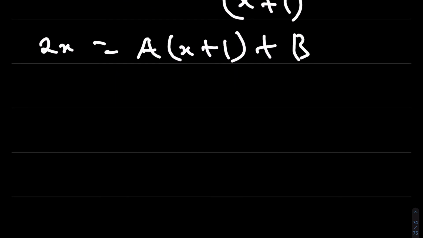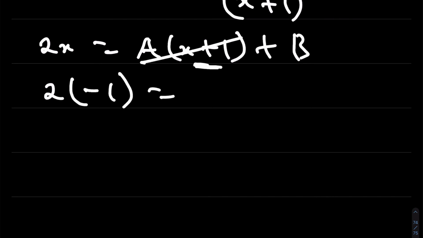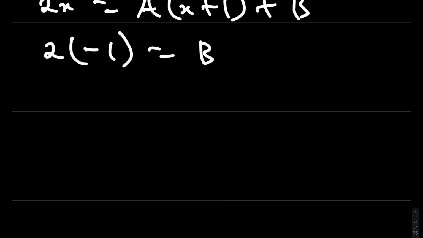Now if we put x equals minus 1, that means 2 times minus 1, and the a term will be 0 because minus 1 plus 1 is 0. So the whole of this will be 0. That means 2 times minus 1 equals b, which simply means b equals minus 2.